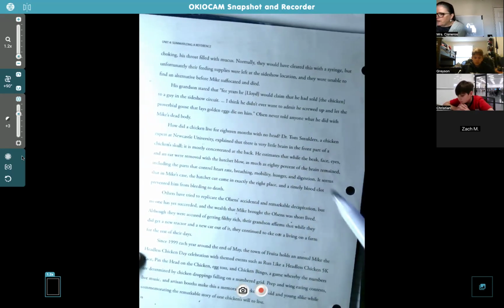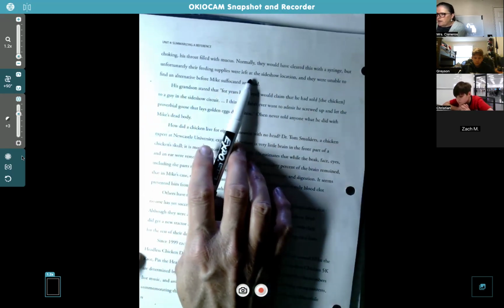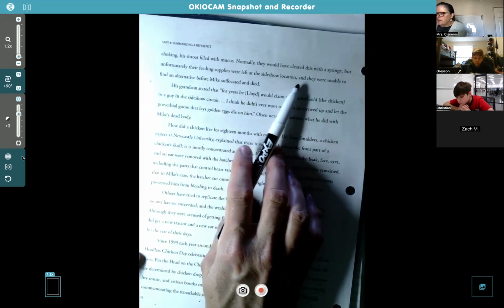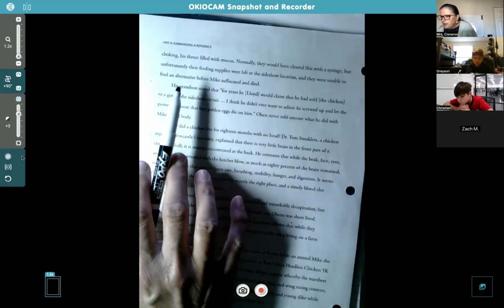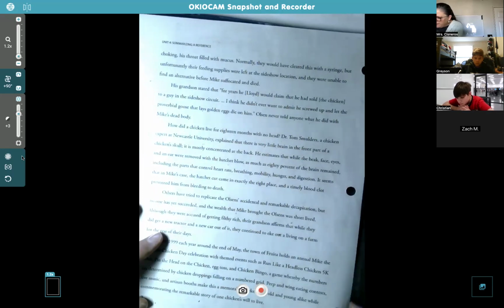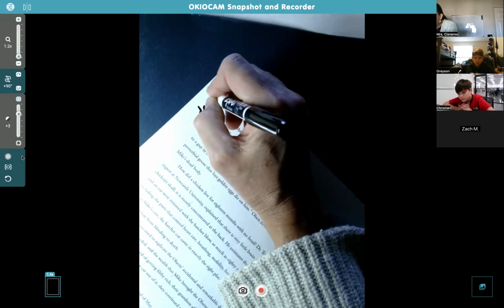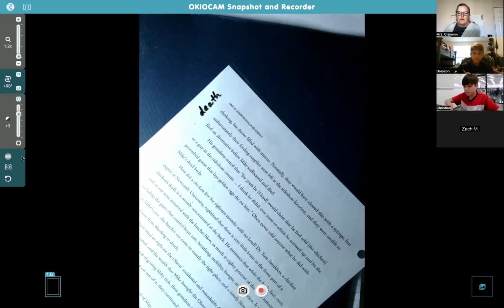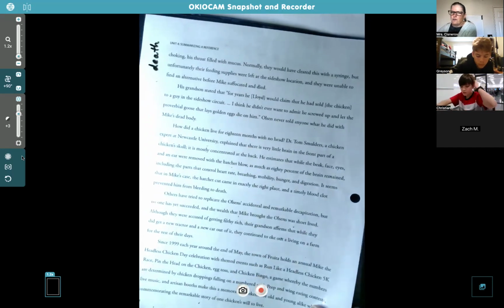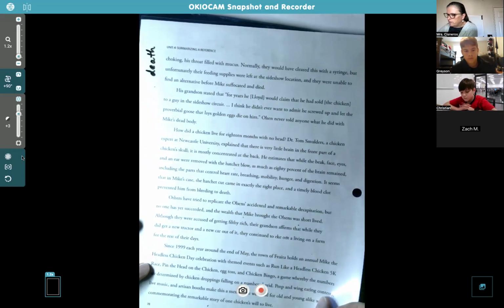Normally, they would have cleared this with a syringe, but unfortunately, their feeding supplies were left at the sideshow location, and they were unable to find an alternative before Mike suffered and died. So sadly, he died. So we're going to write just death next to this one. This is how he died. Okay. This is on that back paragraph. They probably figured he wasn't going to live super long, but kind of a sad way to go.